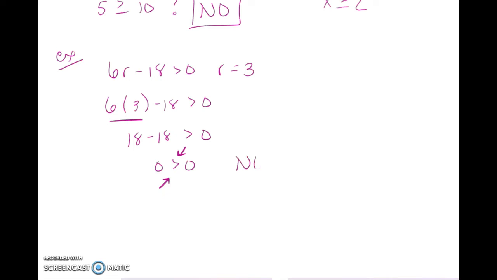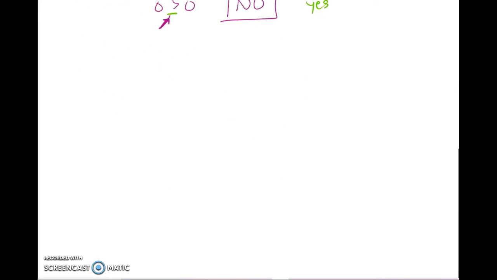And that is not true. So our answer for this one is no, because there is no bar underneath this equal to sign. If there had been a bar here, then the answer would have been yes. But it's not. So you've got to be very careful with that little bar there and pay attention to whether the expression is true or false.